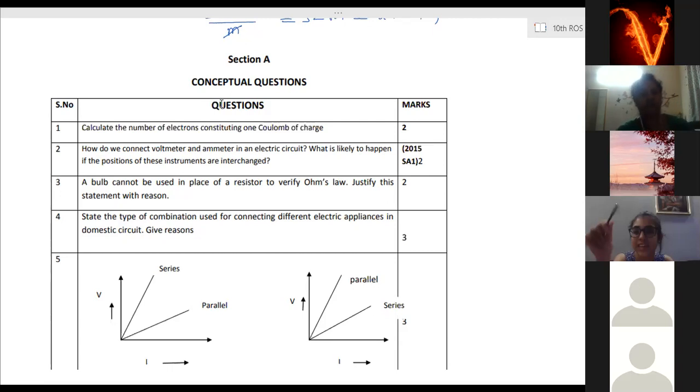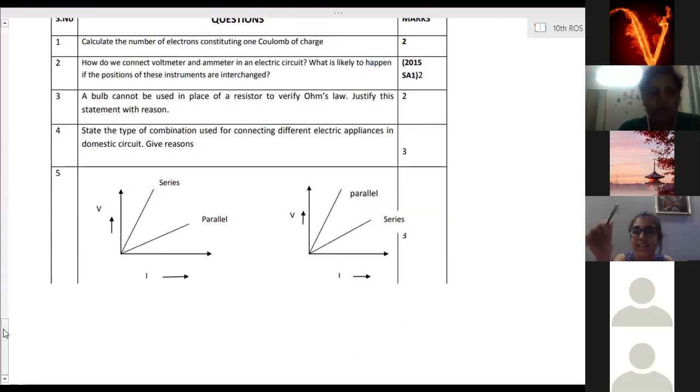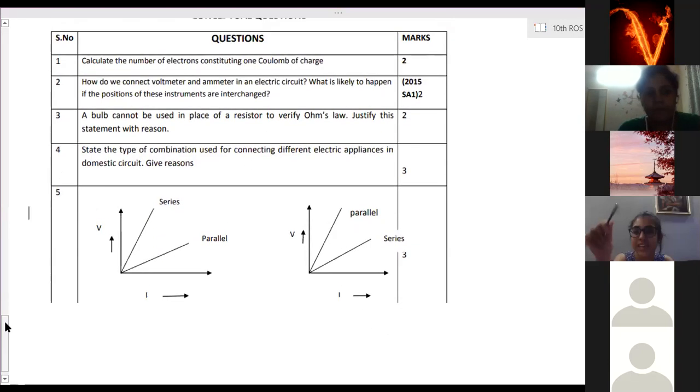Second one, why do we connect voltmeter and ammeter in an electric circuit? What is likely to happen if the positions of these instruments are interchanged? Voltmeter parallel and ammeter series. Let me interchange.